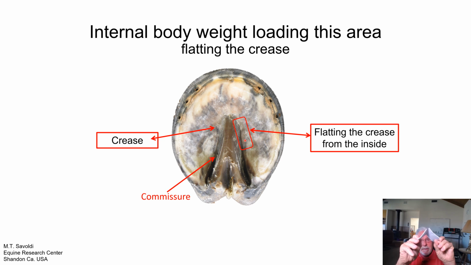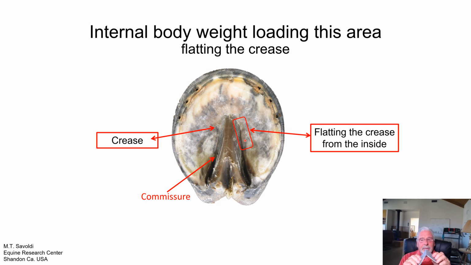Well, how can I change the angle of this crease? I could pull it wide, and that would change the angle of the crease. And that can happen, maybe not to this extreme, but it can increase that angle, because as the foot widens through body weight and the collapsing of the arch, the foot will widen at the bottom. And that can change the angles of the bar.